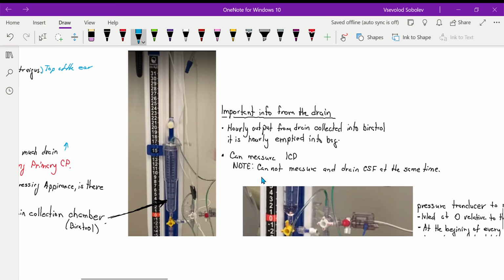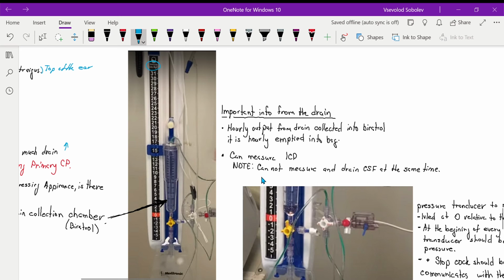You have centimeters of water here, and the physician will order the drainage, and I think they set it up themselves. You don't even have to do anything, just monitor. Just zero and calibrate.